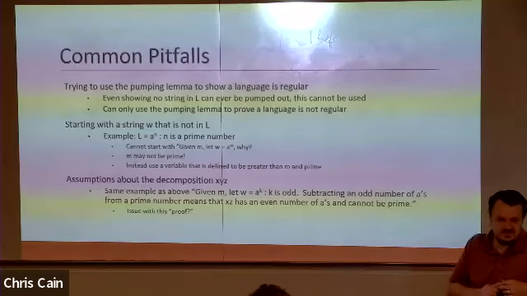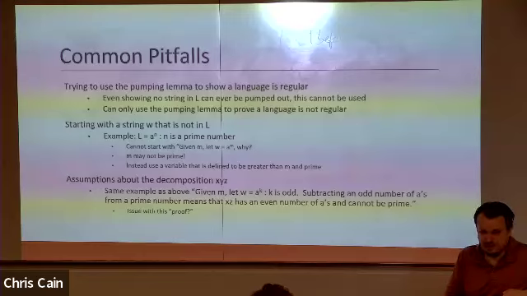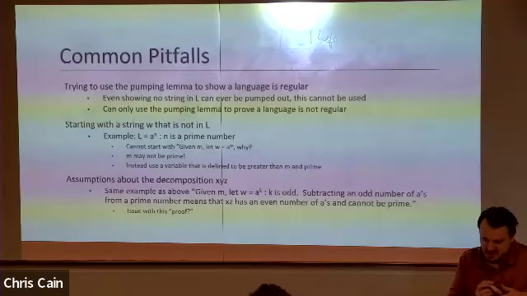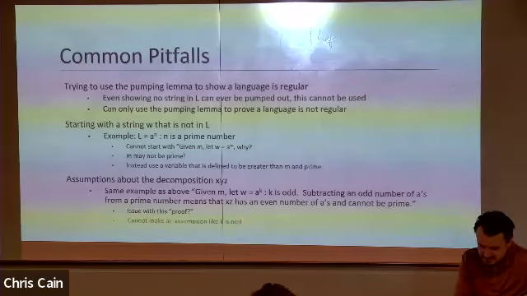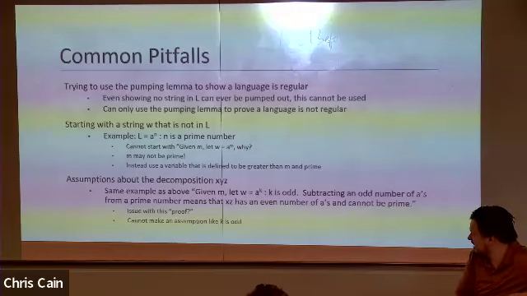Two is prime, so that would be kind of an interesting possible counterexample to this. But even so, there are additional issues here. That's a good point. So the big one is an assumption like K is odd.